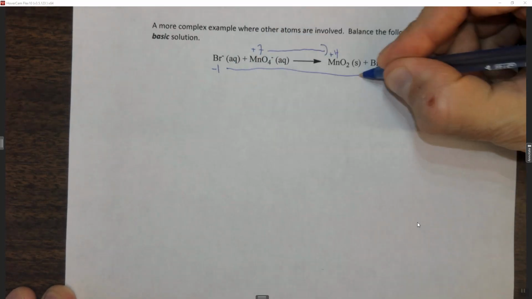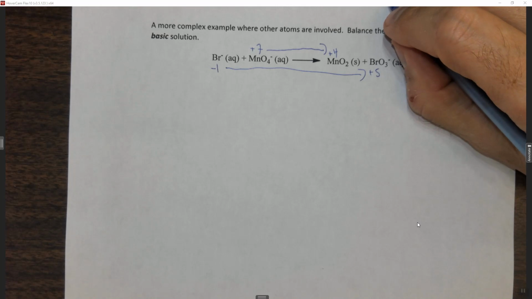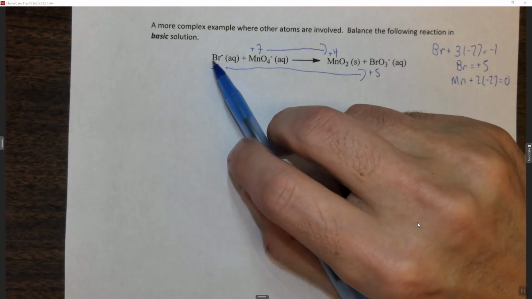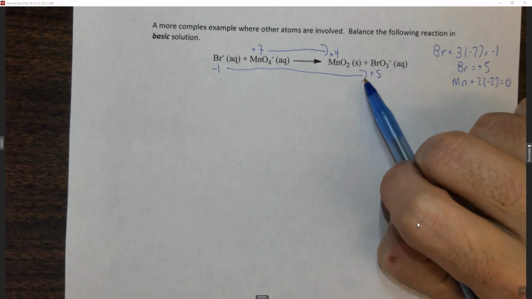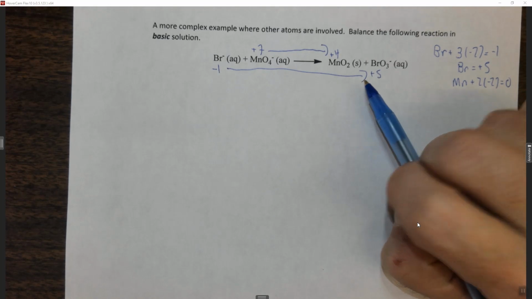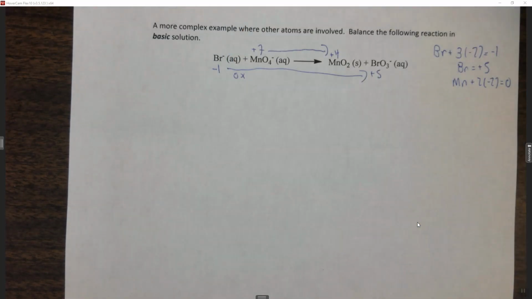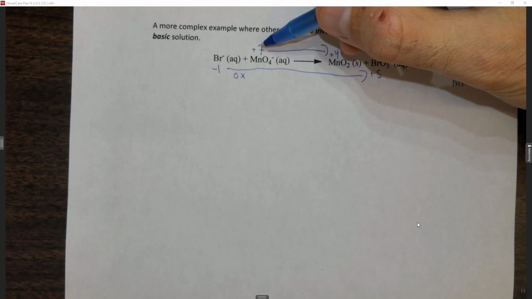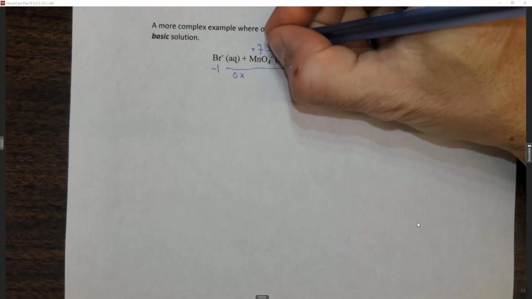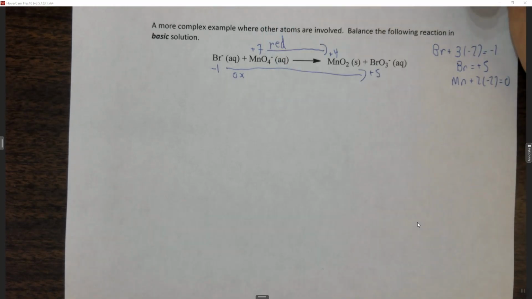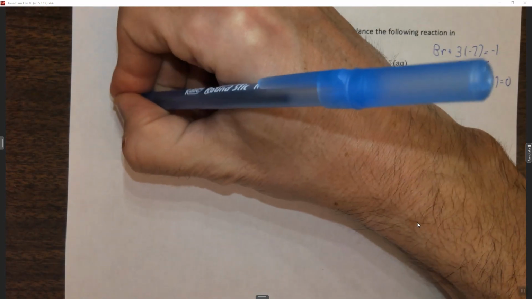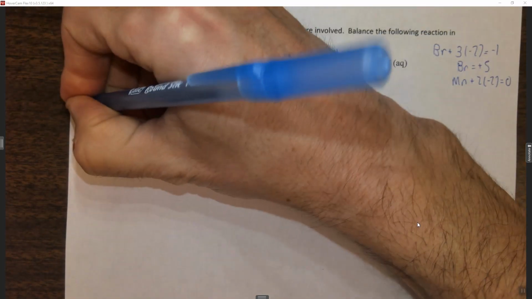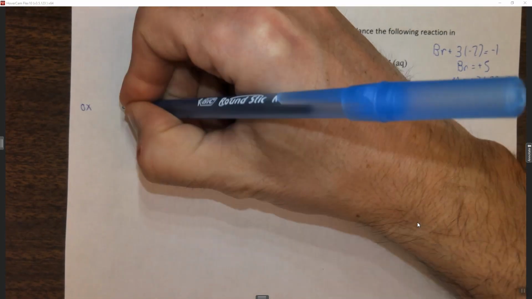So now we have to identify oxidation and reduction. The bromine went from -1 to plus 5. This is losing electrons, so this is oxidation. And the permanganate, the manganese, went from plus 7 to plus 4. This is gaining electrons, so this is reduction. So now I can write my half reactions. Br⁻ aqueous yields BrO3⁻ aqueous for oxidation.